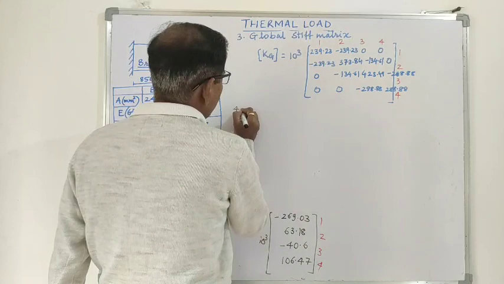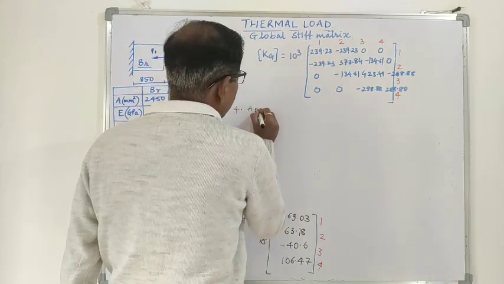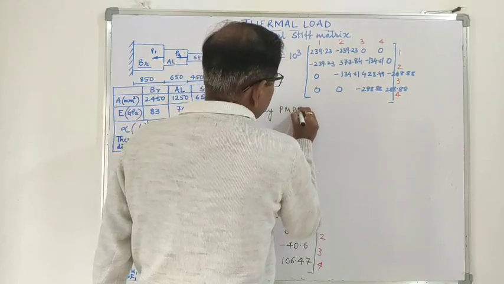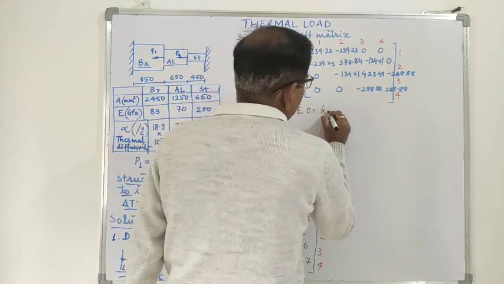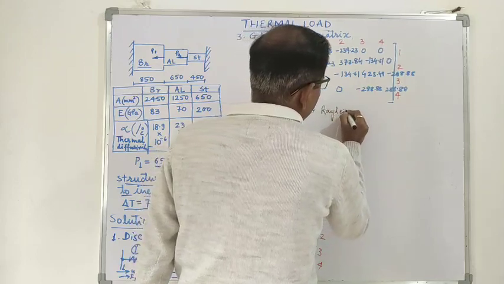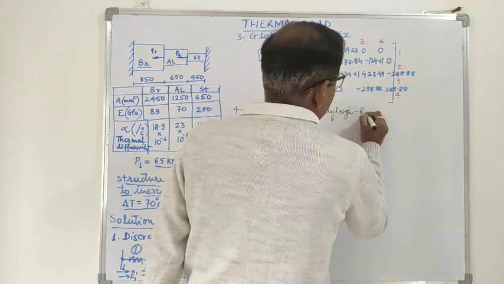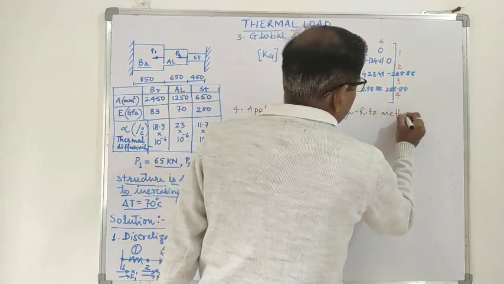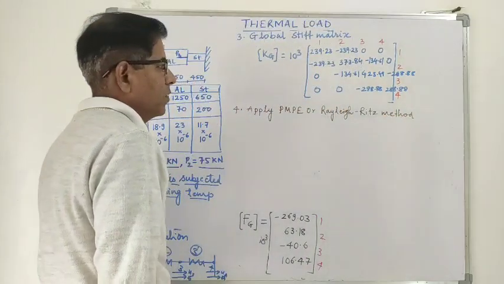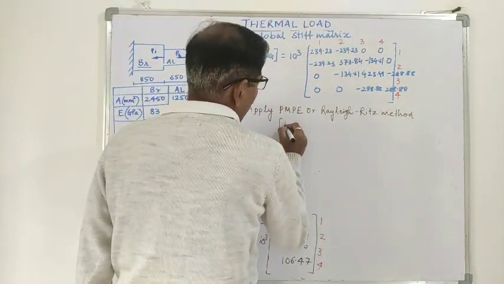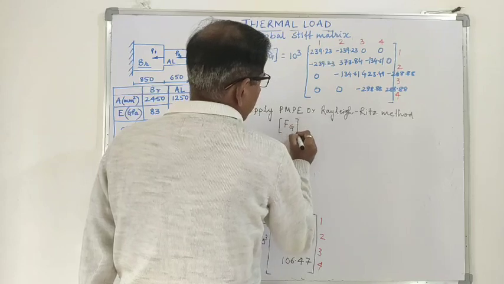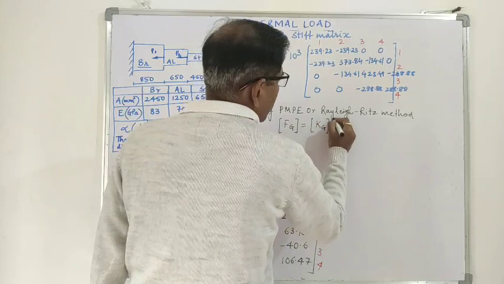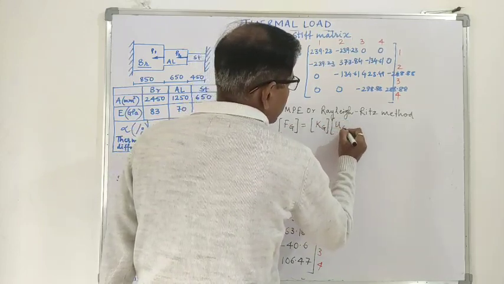Step number 4: apply the principle of minimum potential energy or Rayleigh-Ritz method, which says that the global force matrix is equal to the global stiffness matrix multiplied by the global displacement matrix.